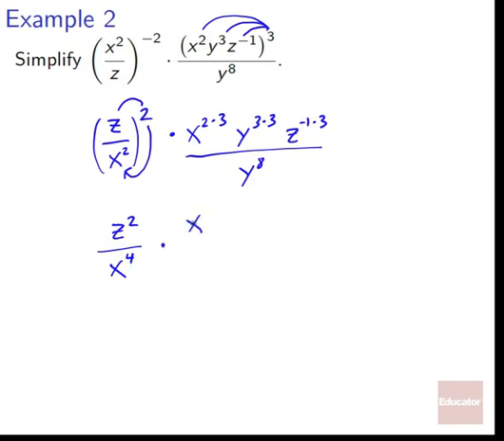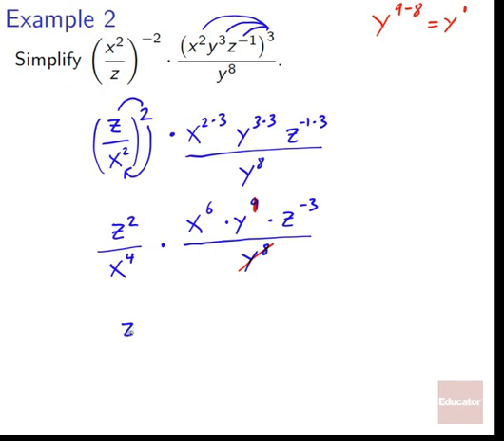Times, so x to the 6th, y to the 9th, z to the negative 3, all over y to the 8th. At this point, we see we can cancel out the y to the 8th. This becomes y to the 1, which we could also look at as y to the 9 minus 8, right? Because we've got 1 on top, 1 on bottom, which would also become y to the 1. So various ways to do this.